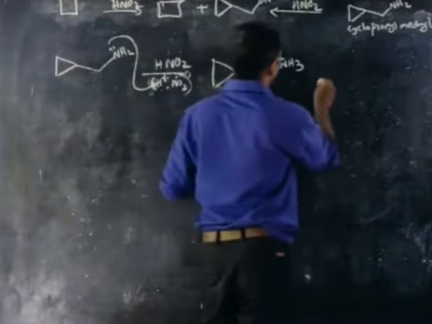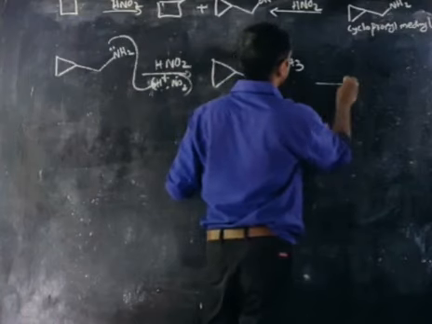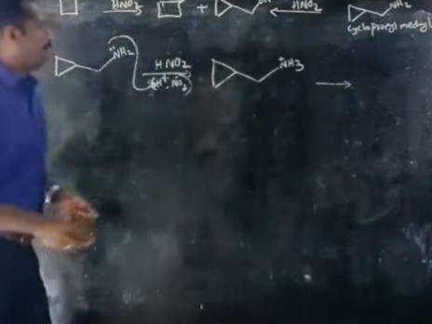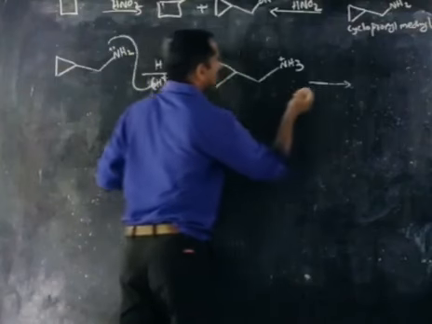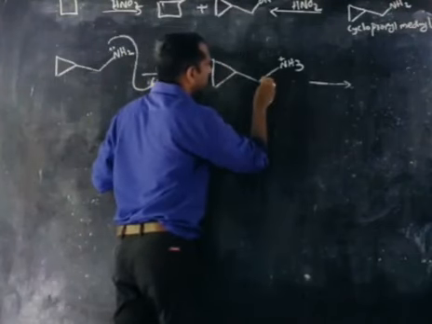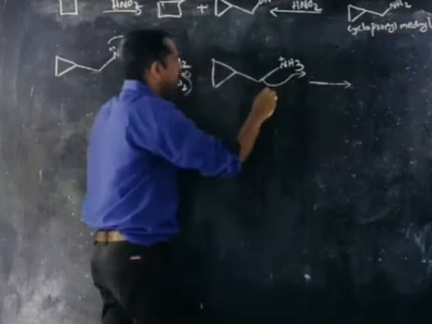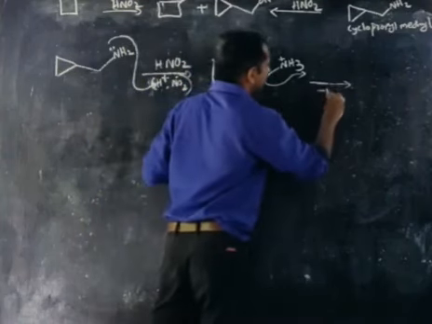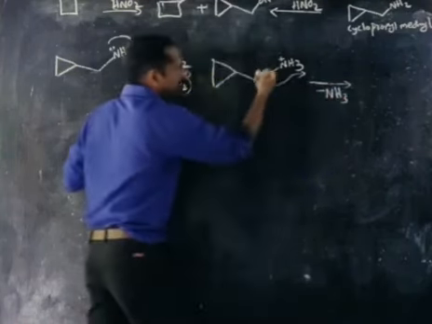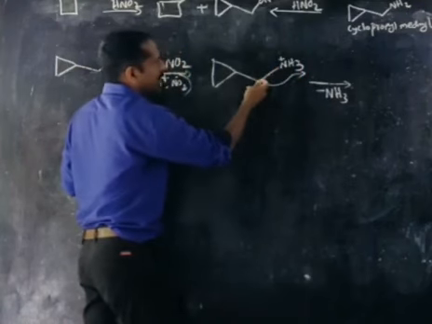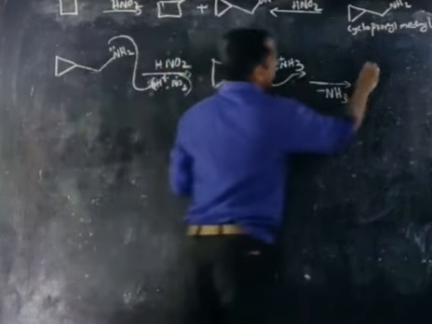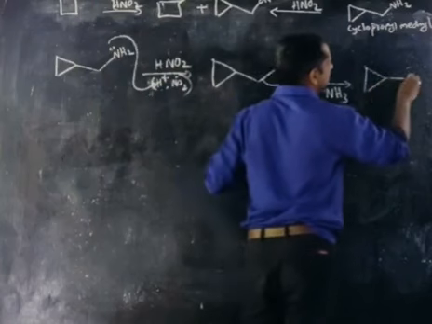In the next step, you can see that in this NH3, this bond breaks from here, and what is eliminating? NH3 gas is eliminating. You can see minus NH3 gas is eliminating, leaving a positive charge on this carbon. That means you get a positive charge here.